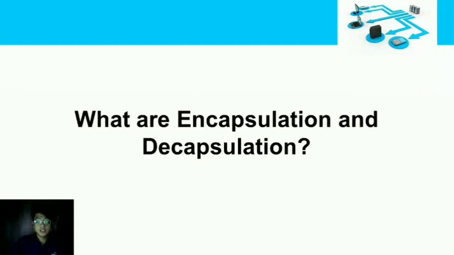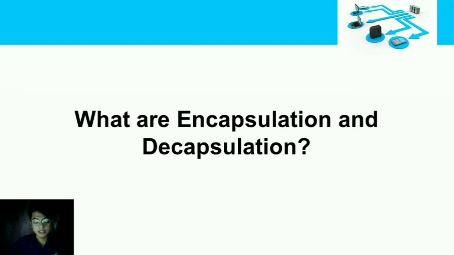What are encapsulation and decapsulation? In encapsulation, the data moves from the upper layer to the lower layer, and each layer includes a bundle of information in the form of a header along with the actual data. It is the process of adding information to the application layer data as it is sent through each model layer.